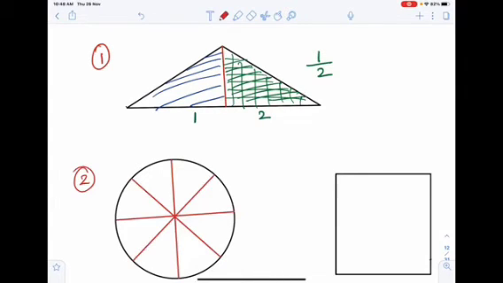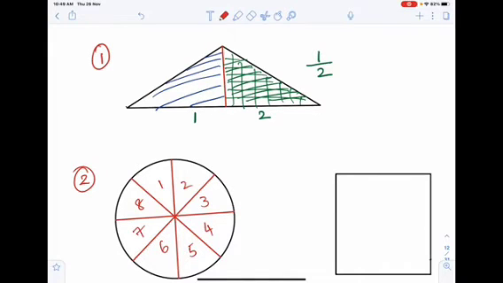So here I have divided it into 1, 2, 3, 4, 5, 6, 7, 8. So I can divide it equally into 8 parts.